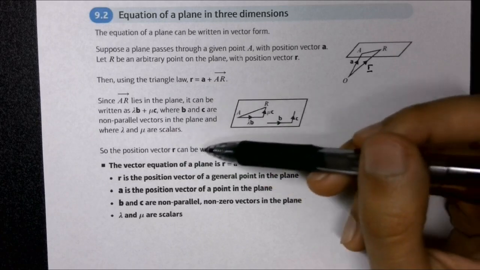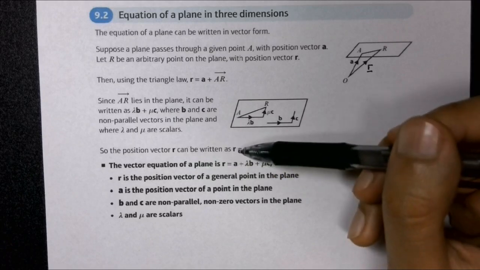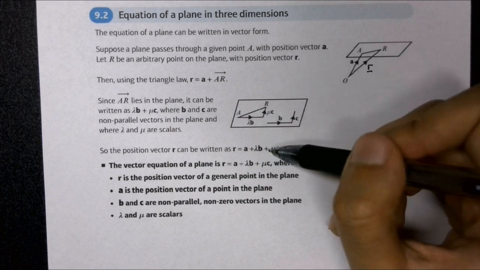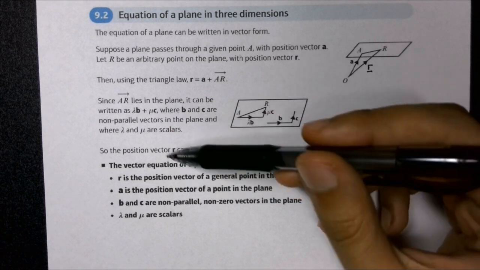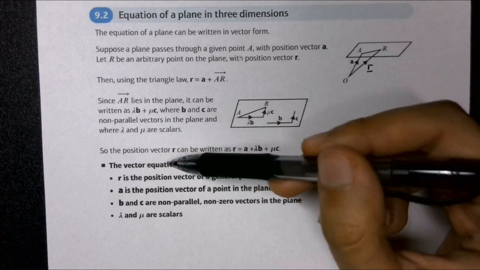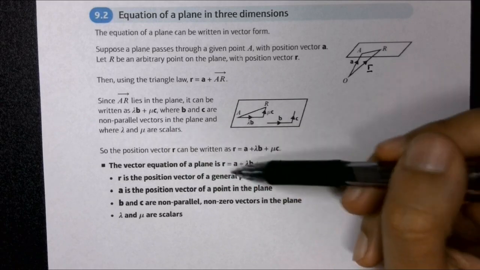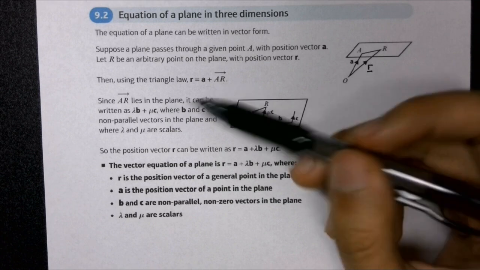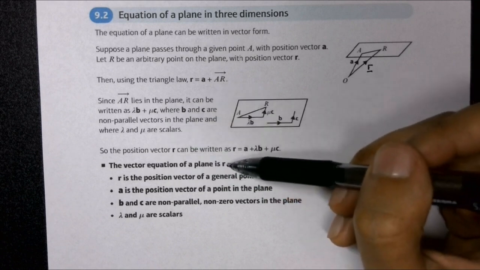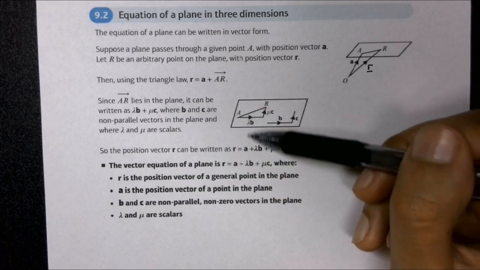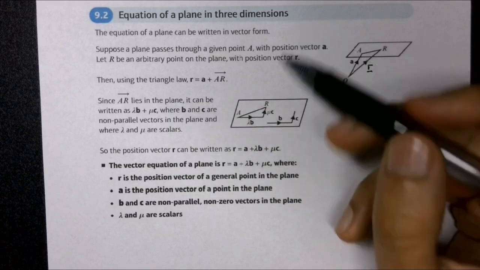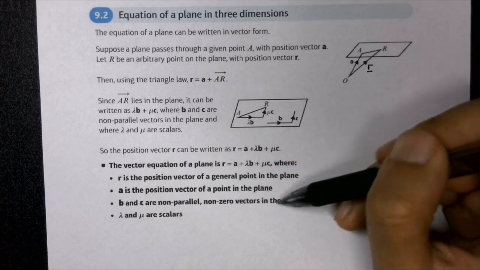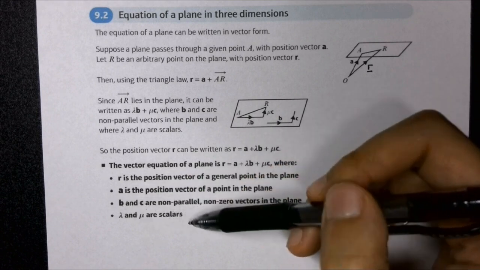So the position vector R can be written as A plus lambda B plus mu C. The vector equation of a plane is R equals A plus lambda B plus mu C, where R is the position vector of a general point in the plane, A is the position vector of a point in the plane, and B and C are non-parallel, non-zero vectors in the plane, and lambda and mu are scalars.